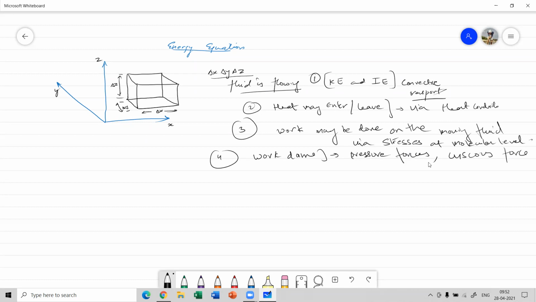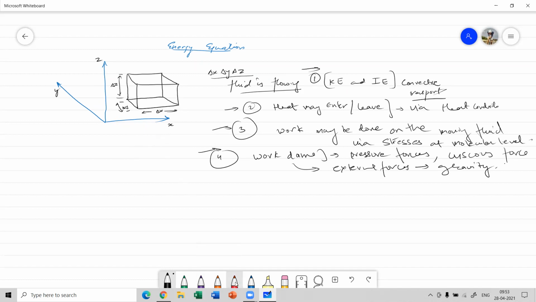Work may be done via pressure forces and viscous forces, and work can also be done via external forces, that is under the effect of gravity. Work may be done on this system under the effect of pressure forces or viscous forces, or maybe via the external forces called the gravity forces. So what we do is we sum up all these different types of energies which are associated with the fluid which is flowing through this particular system.